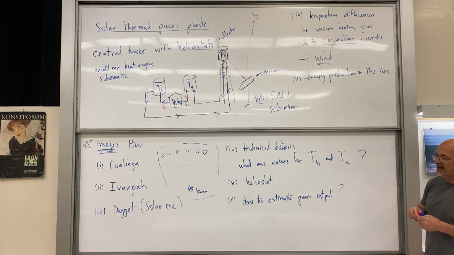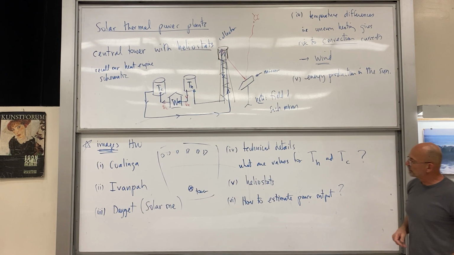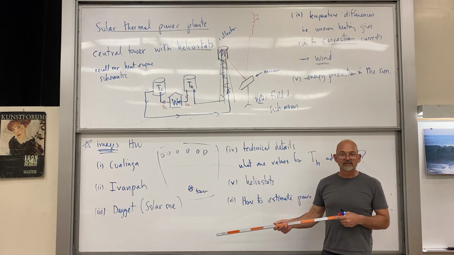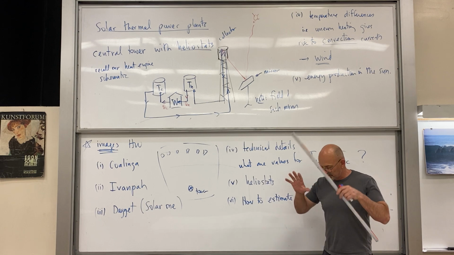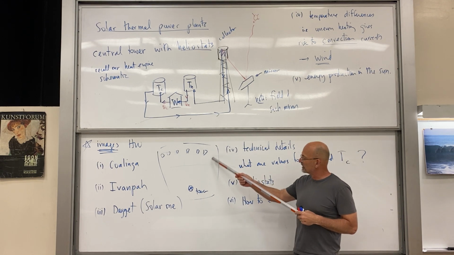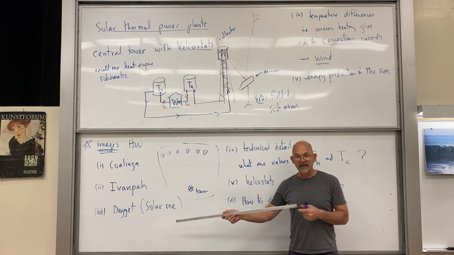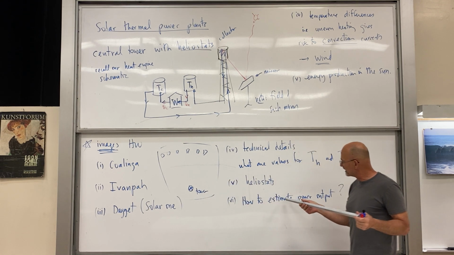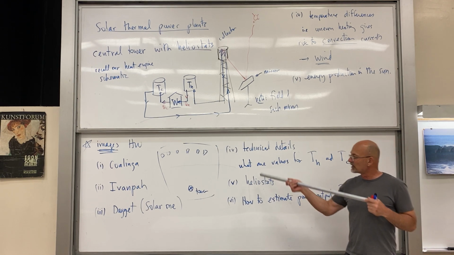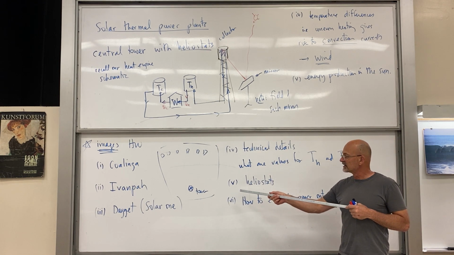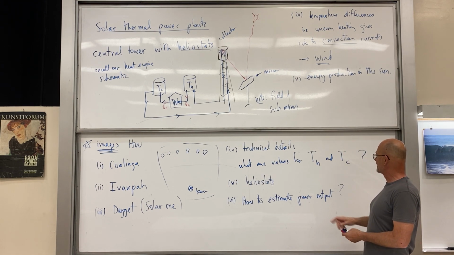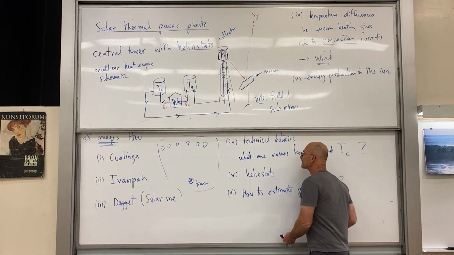So let's talk about that. Suppose you were to look at one of these things, and based on what you can find from looking at the map from the satellite view, can you estimate the power output? Of course, if they have a website, they may tell you what the power output is, but we'd really like to understand how much power is there based on our own knowledge. So let's do that. How to estimate the power output.